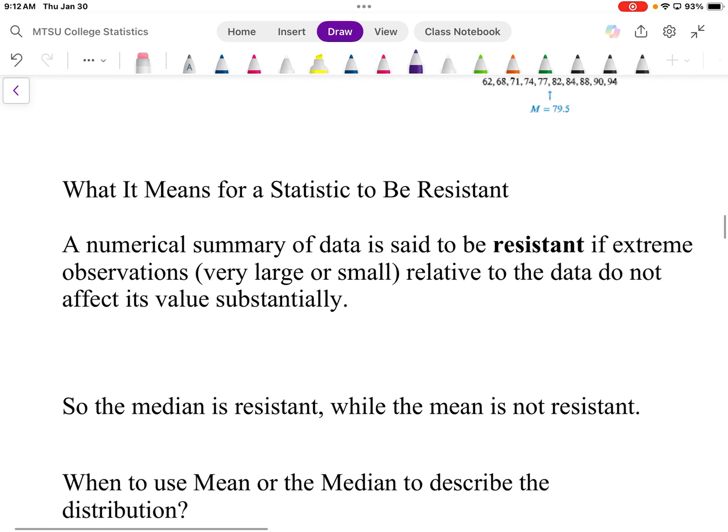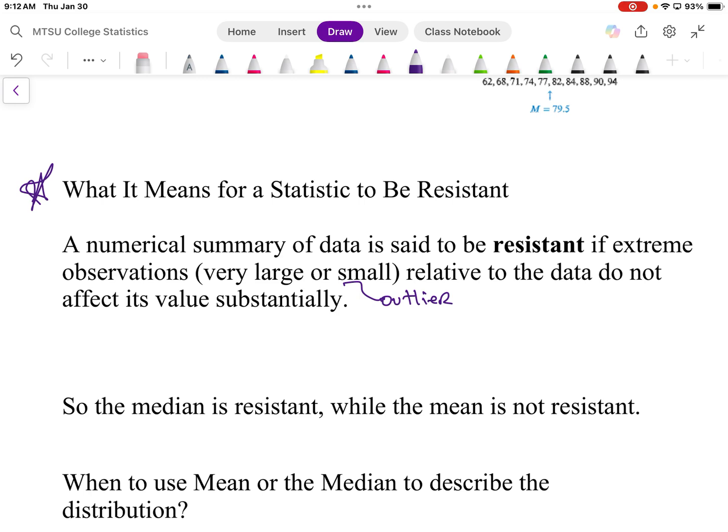Now, second bullet point: what it means for a statistic to be resistant. A numerical summary of data is said to be resistant if extreme observations, your outliers, basically very small and very big, do not affect the value substantially.